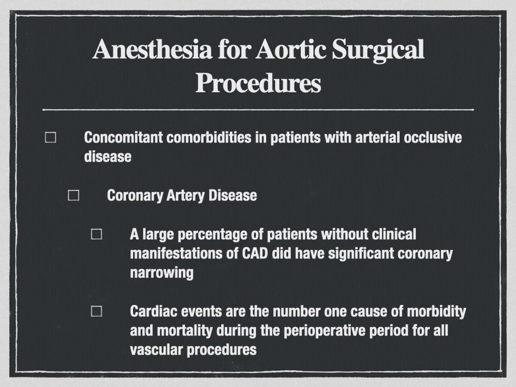First off, here we're going to talk about coronary artery disease. A large percentage of patients without clinical manifestations of CAD have significant coronary narrowing. Cardiac events are the number one cause of morbidity and mortality during the perioperative period for all vascular procedures.